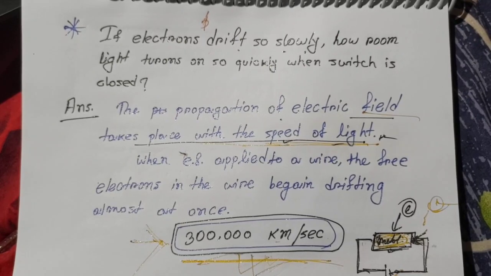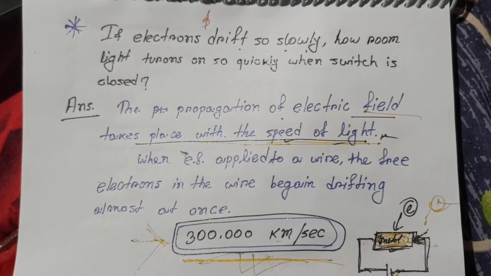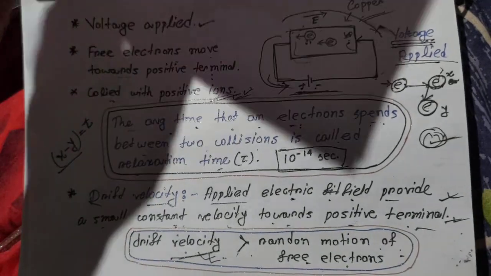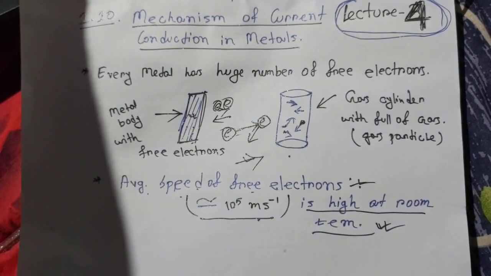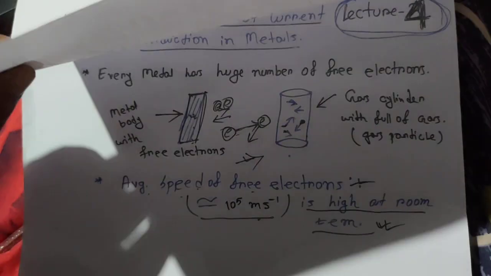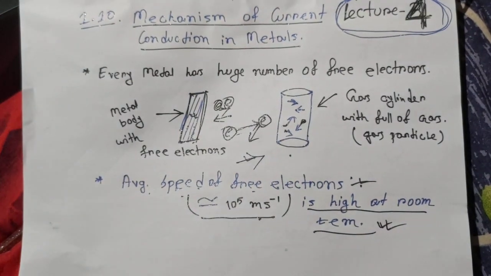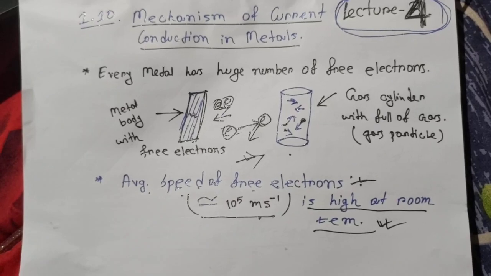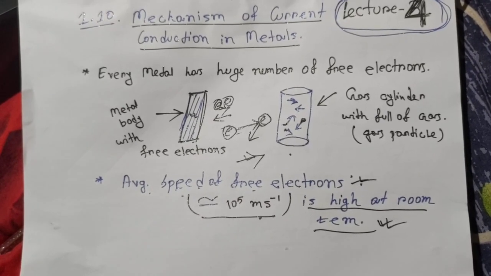So thank you guys for today. This is the topic we have covered today: the mechanism of current conduction in metal. In the next lecture we will complete the topic of the relation between current and drift velocity.